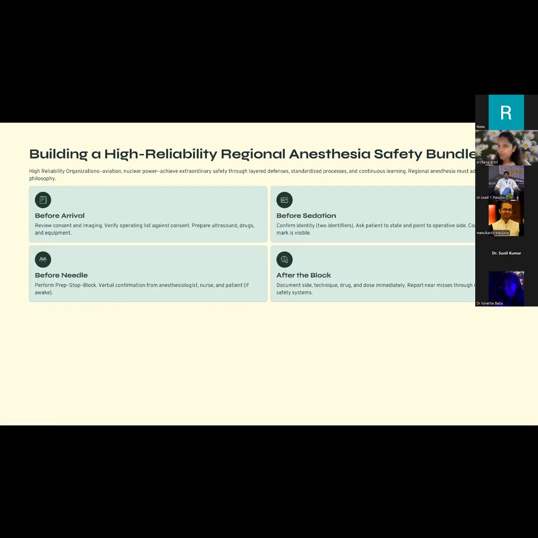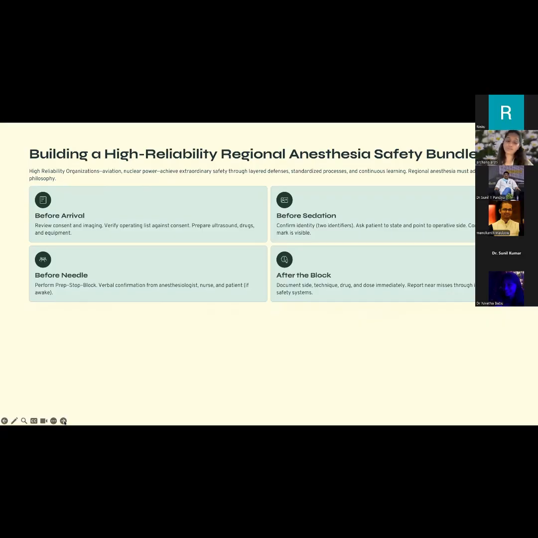If you are planning to sedate, before the sedation, make sure that you converse with your patient and confirm what the site is and where it needs to be performed, and make sure that the marking is visible. Before doing the block, stop, do a timeout, make sure everything is confirmed, and confirm it not just on your own, but with the staff or the technician assisting you for the procedure. And once that's done, after the block, document it properly and give the right dose, right technique, and right drug.